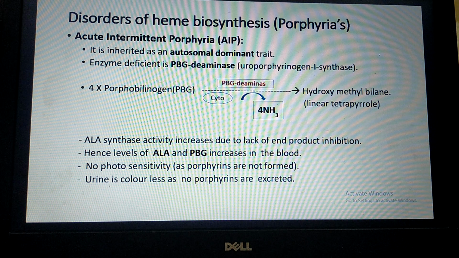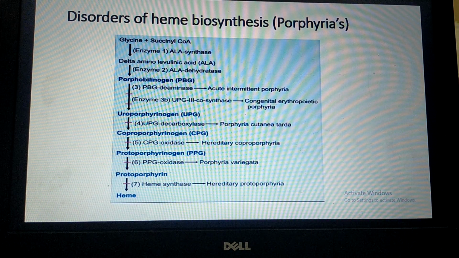This enzyme catalyzes the reaction in which 4 molecules of porphobilinogen condense to form a linear tetrapyrrole structure called hydroxymethylbilane. In this pathway, it is seen at the third step, where porphobilinogen deaminase is deficient. Therefore, porphobilinogen is not converted into hydroxymethylbilane or uroporphyrinogen.